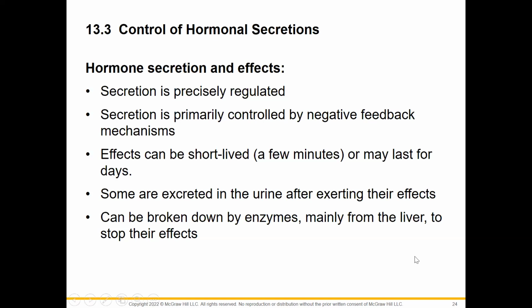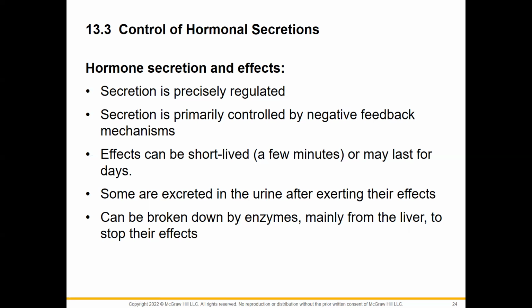Hormone secretion is primarily controlled by negative feedback. If you do not know what negative feedback is, please make sure you look it up, or when you come to class, let's discuss. Its effects can be short-lived, or it may last for days.